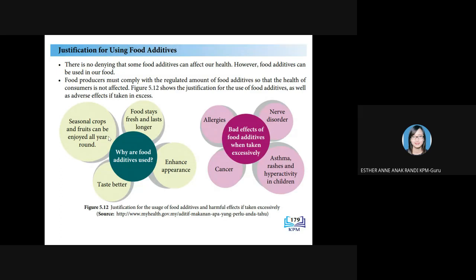However, if we use them excessively, terlampau banyak, terlampau makan Maggi, terlampau makan frozen food, for example, these are the bad effects we have to bear in mind. Some people have allergies.